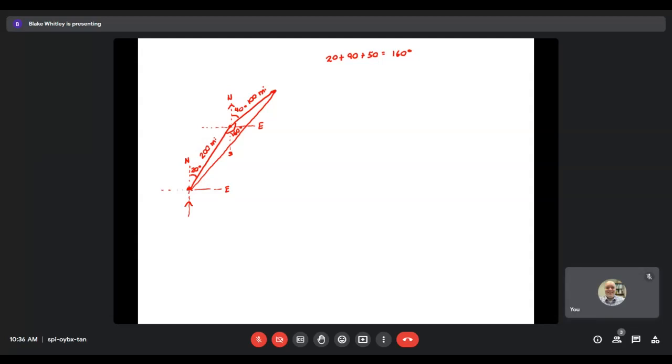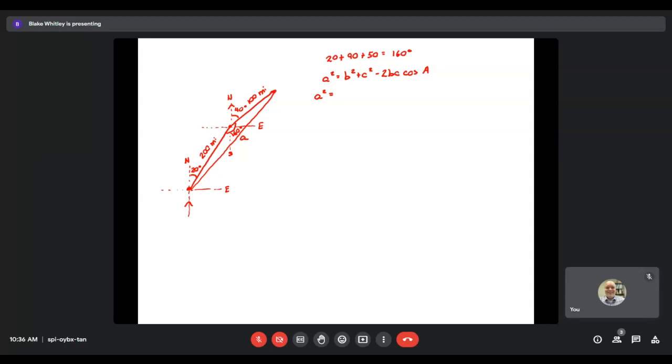It's up to you how you want to label everything. If you want to use X, that's fine. If you want to use A, B, or C, that's fine. I'm going to call this side A, just so I can use that first law of cosines formula. So A squared equals B squared plus C squared minus 2BC times the cosine of angle A. A is what we're looking for, so we have A squared.